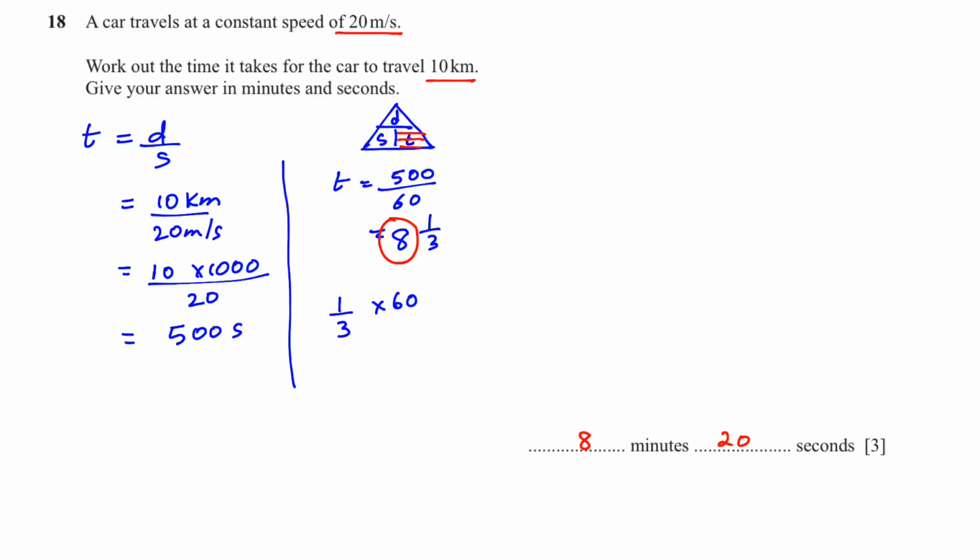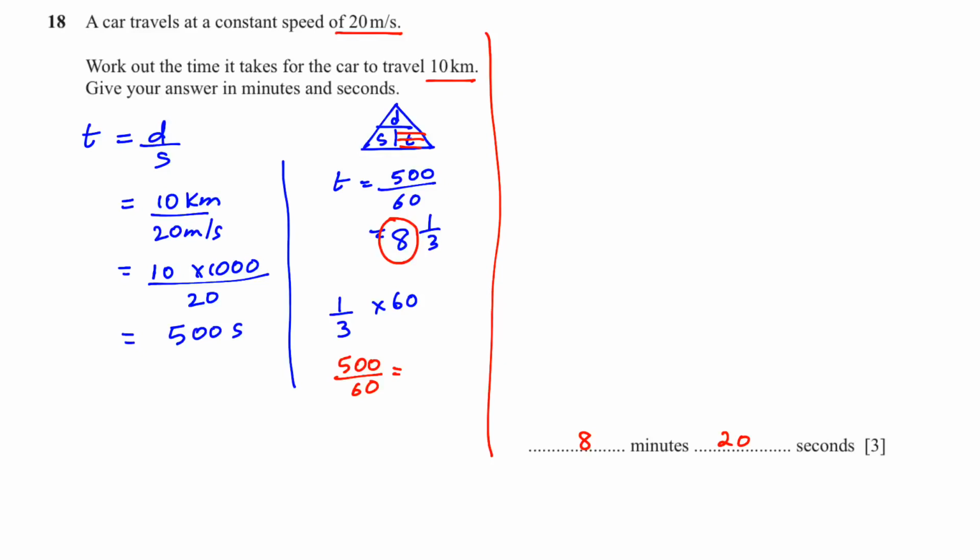This is one way of doing it. The other way is solving it in the calculator. I will show you how to solve in the calculator. In the calculator, you are going to divide 500 by 60.